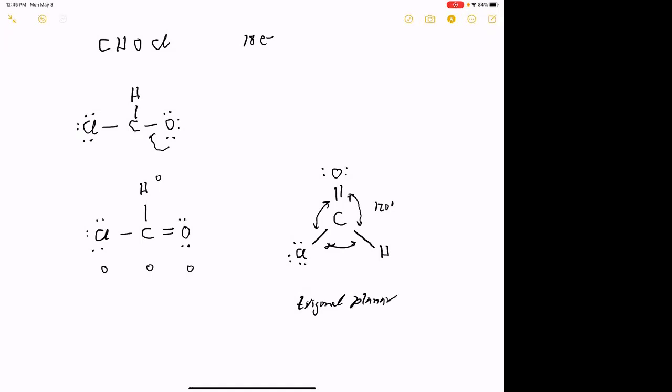Hopefully that's what the answer is. I can check and see. Yep, we got the right one, and it says 120 degree bond angles. That looks right. That makes sense. Awesome, thank you.